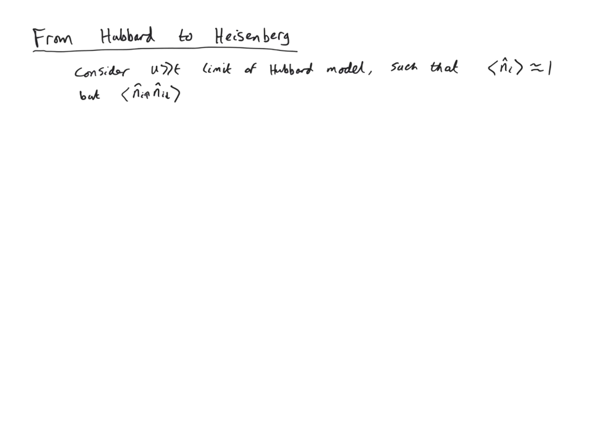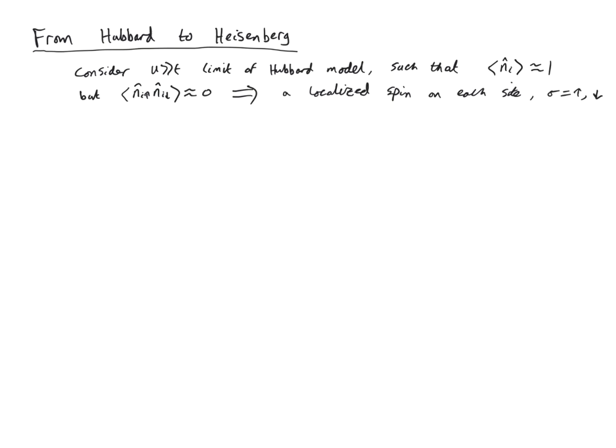But this additional constraint here, that the double occupation is close to 0, basically implies that we have a localized spin on each site. And that spin, of course, sigma is either up or down, because we have spin-half electronic particles here.